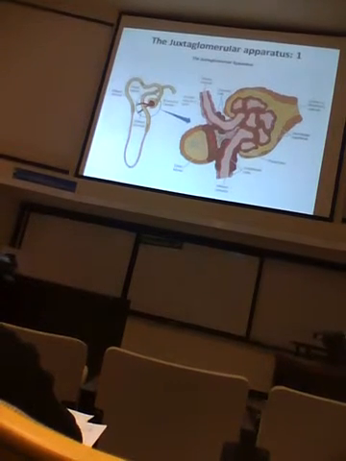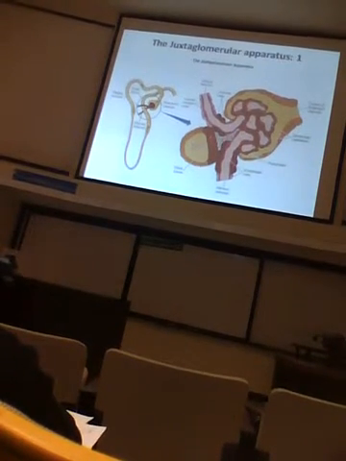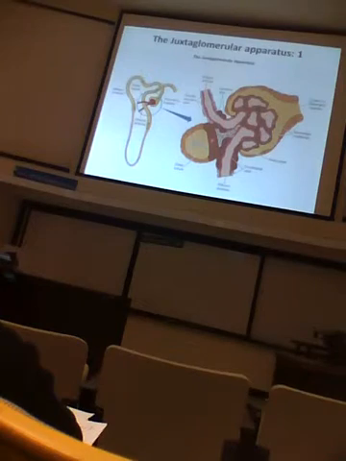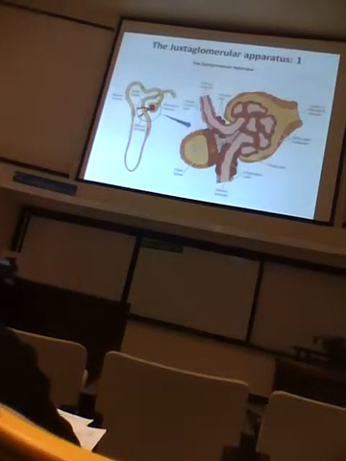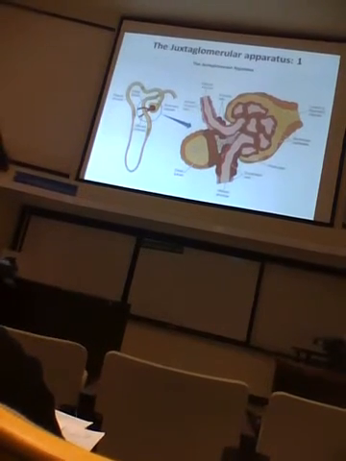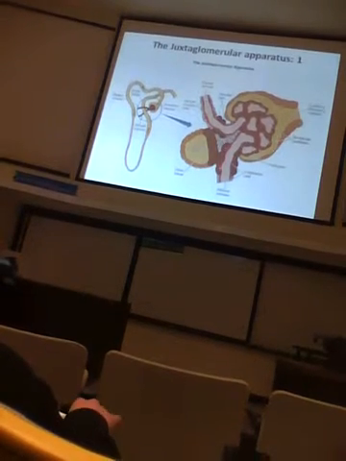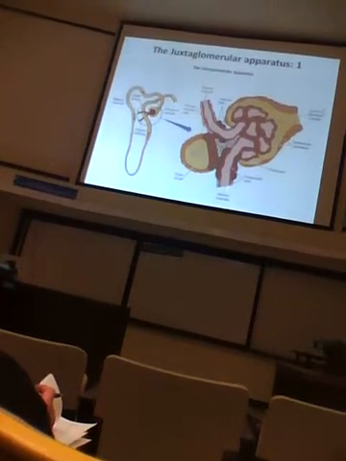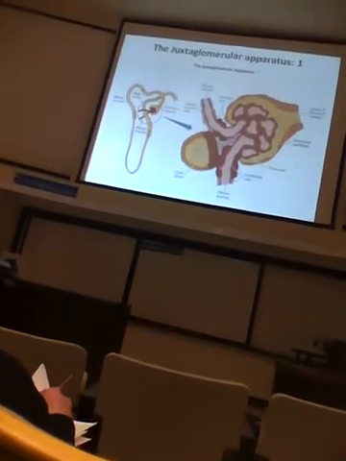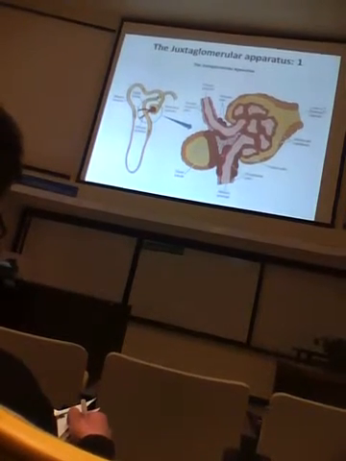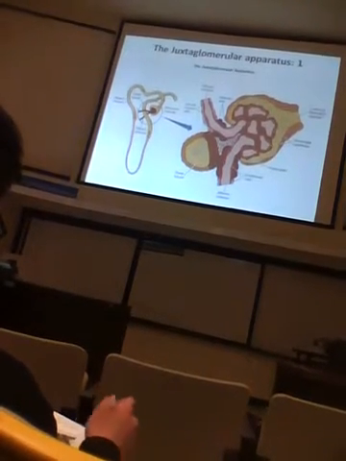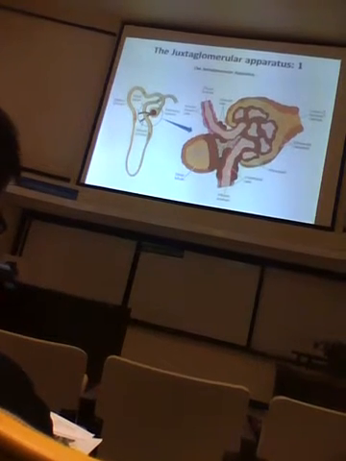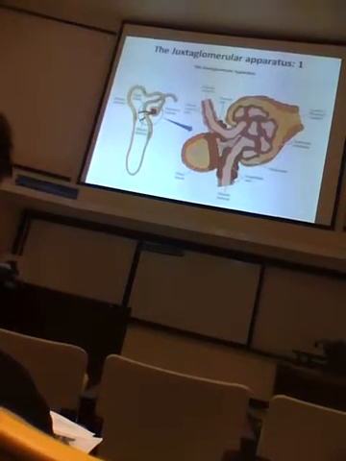And when they sense something out of whack, they produce a substance which leaves these cells and diffuses into special cells lining the walls of the afferent arteriole here. And these cells then produce another substance which can cause contraction of the afferent. Whoa, that's cool.